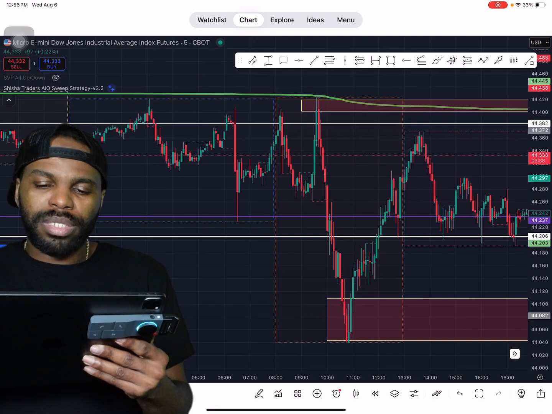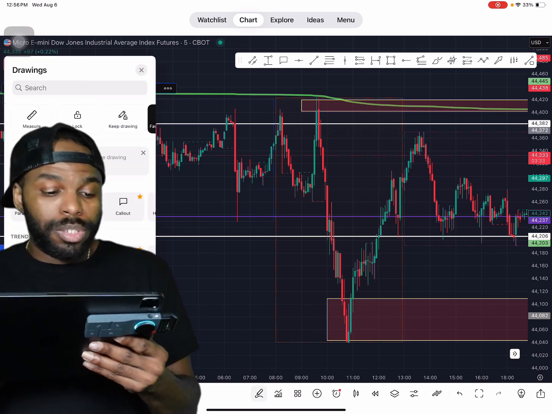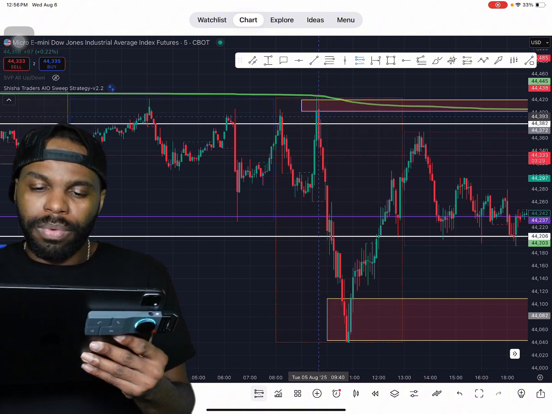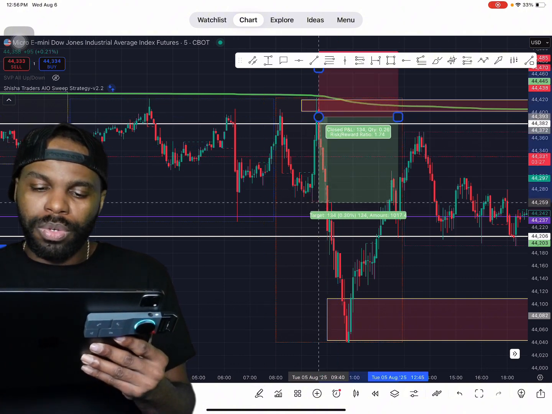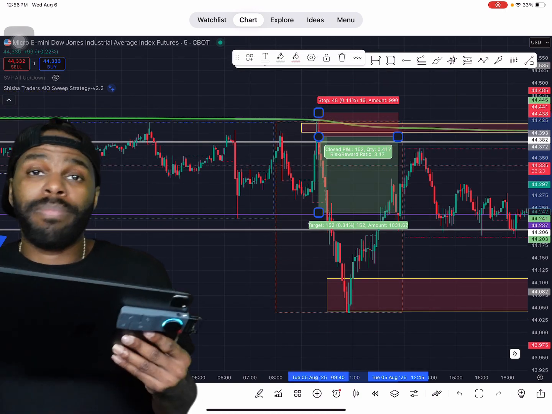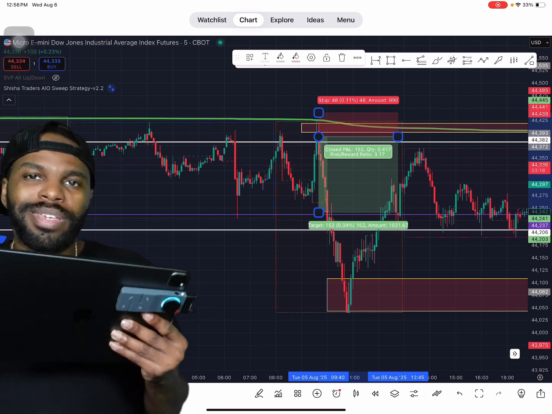We got a rejection off of this zone right here. So literally, you could have taken a trade off of this zone right here, if there was a zone there, and you can target these levels. These key levels are like magnets. Price likes to always come back to these key levels.